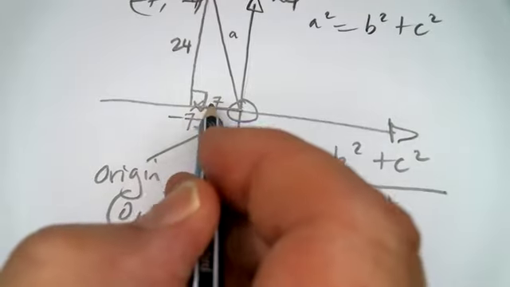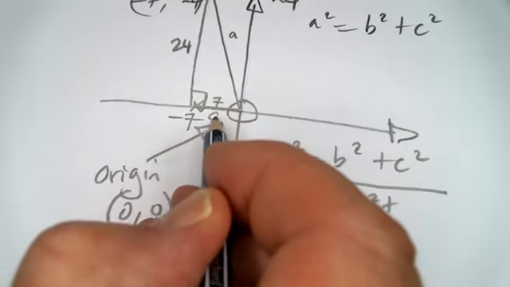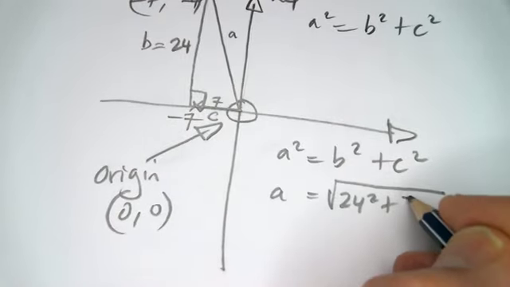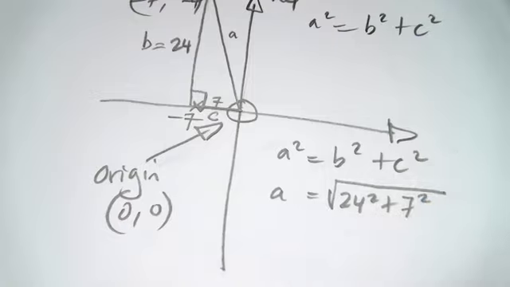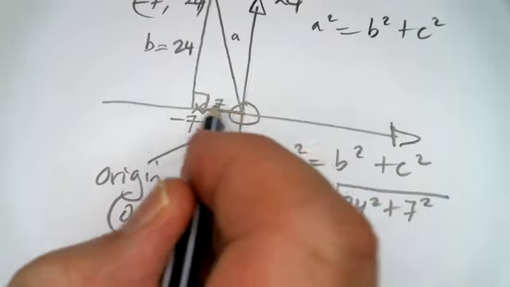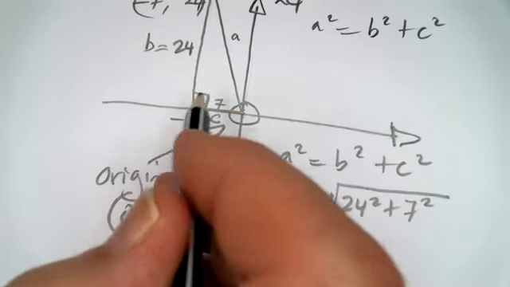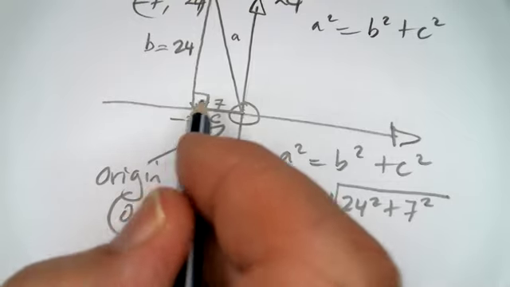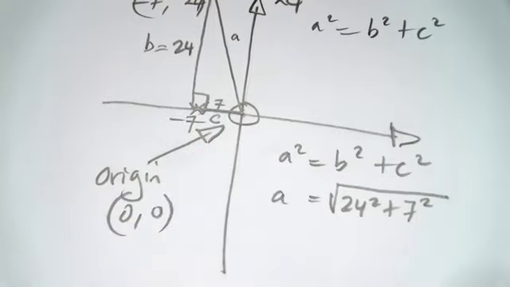Now, we're going to call this bit along here c, and this bit b. So c is going to be 7 because it's the distance. It's not the negative, and it's not the coordinate. It's not the point on the graph. It's how far that point is from the origin.